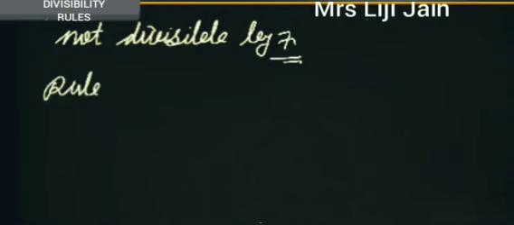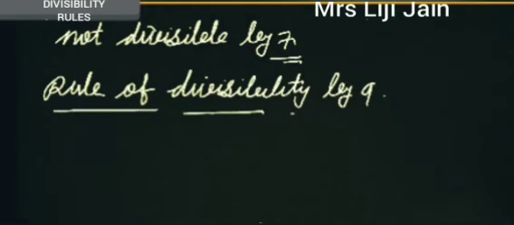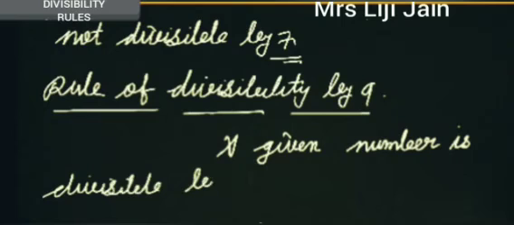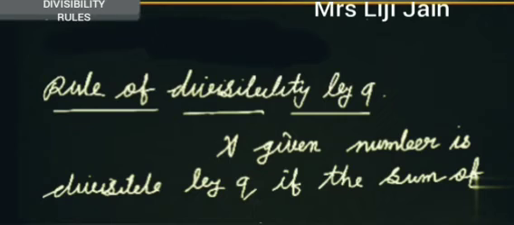Rule of divisibility by 9. A given number is divisible by 9 if the sum of its digits is divisible by 9.